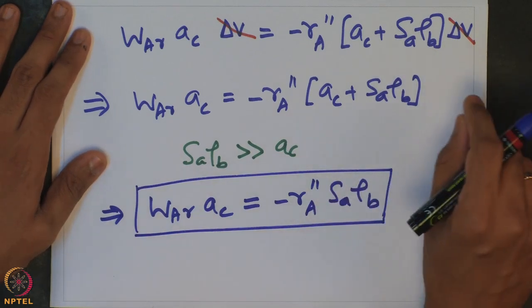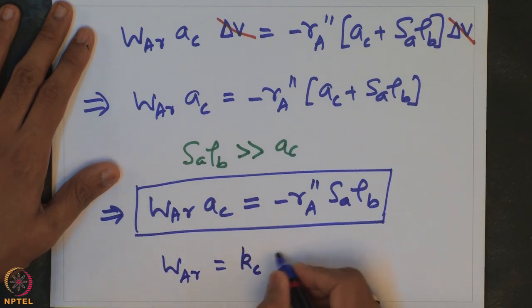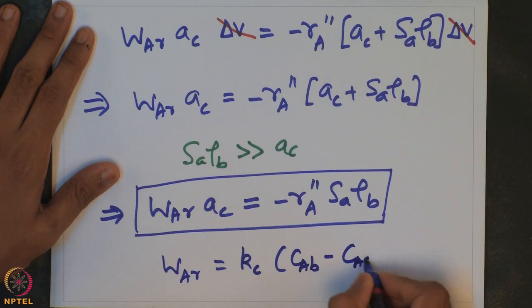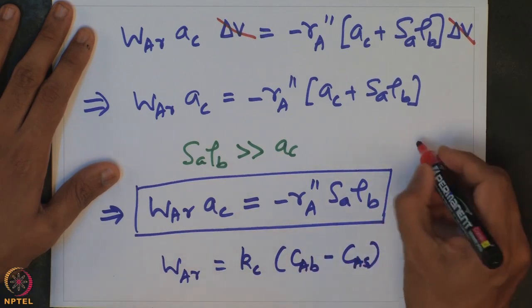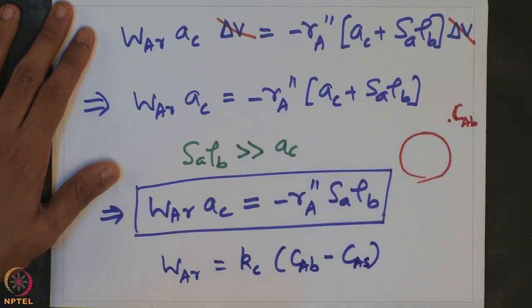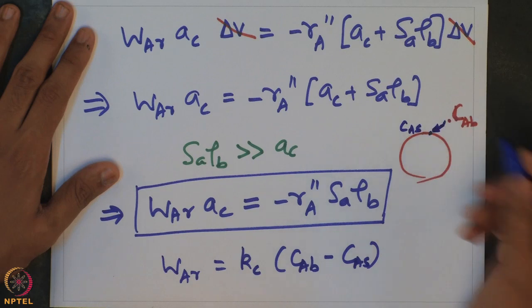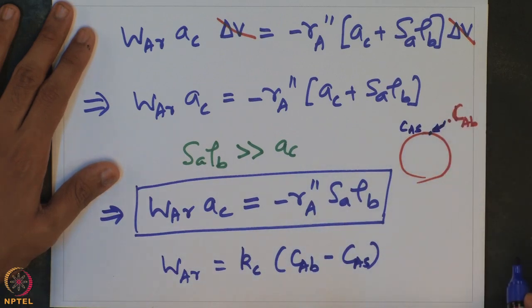Now what is the flux with which the species actually diffuses from the bulk to the surface? We already characterized that when we looked at the external resistance to mass transport part. The flux WAR is essentially equal to the mass transport coefficient multiplied by CAB minus CAS, where CAB is the bulk concentration of the species, and CAS is the concentration of the species at the surface, where the diffusion is happening from the bulk to the surface of the catalyst pellet.